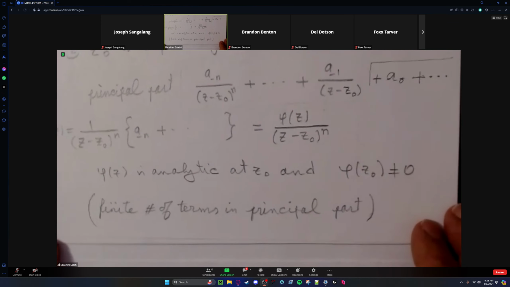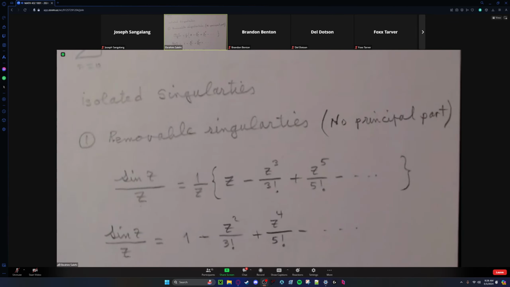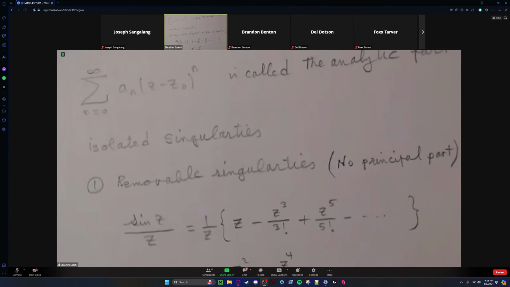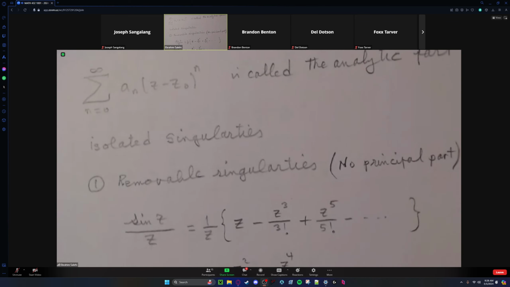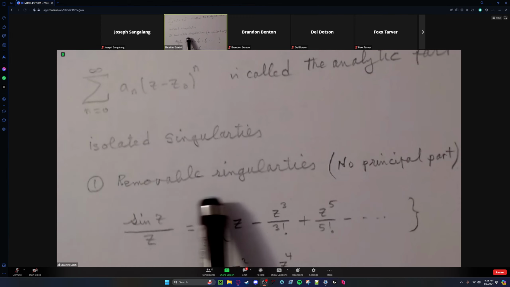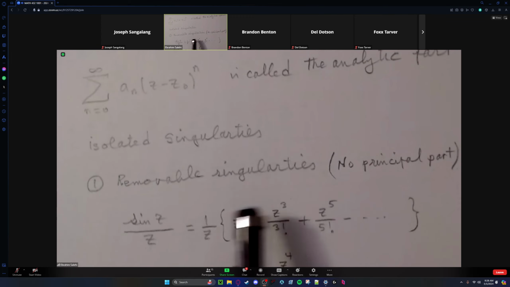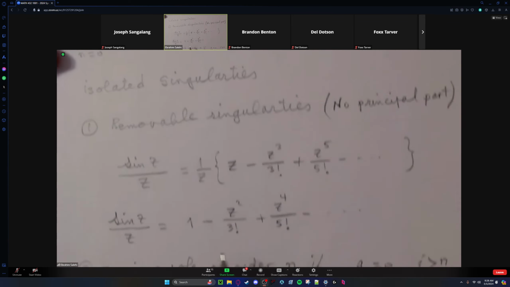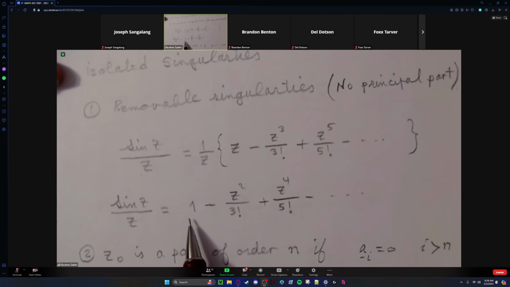So, when it comes to singularities, so far I introduced two categories. One is removable singularities. How do we recognize it is removable? After writing its Laurent series, all the negative exponents of z will vanish.